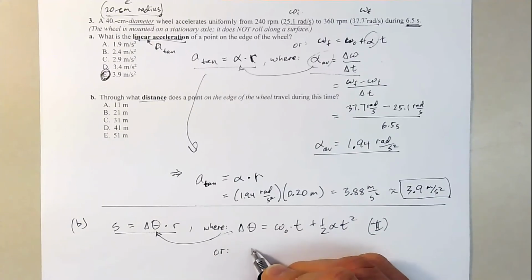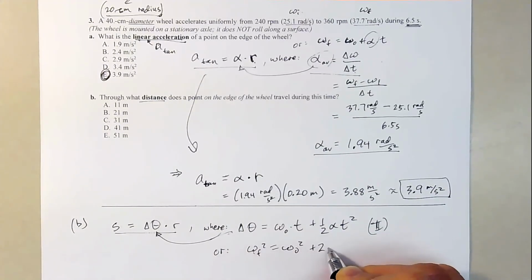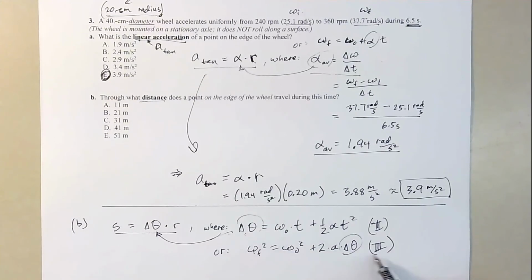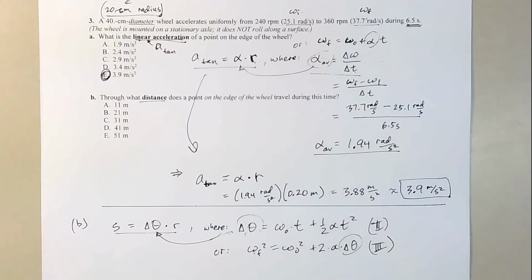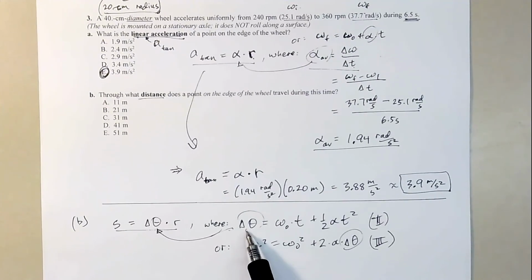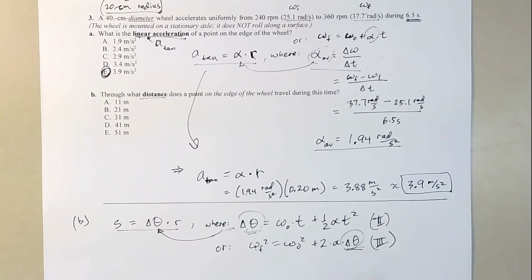Or if I wanted to, I could consider using equation 3. And the same thing is true. We know all of these other quantities now, either because they're given in the problem or because we calculated alpha up above. So either one of these could be used to find the angular displacement. Let's use the first one.